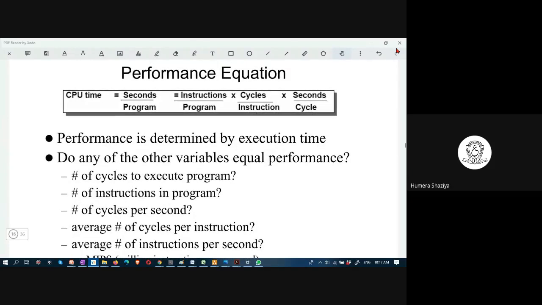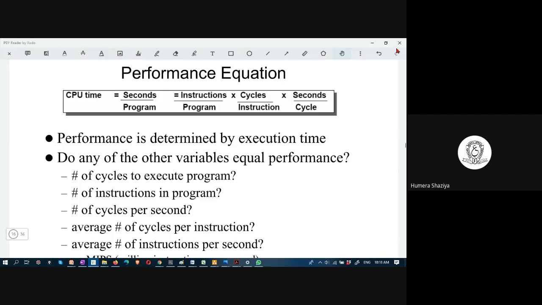And moving on to this performance equation, it would be used in order to determine the CPU time. CPU time is equal to seconds per program. How many seconds are taken for a program, which can be expanded into this form.